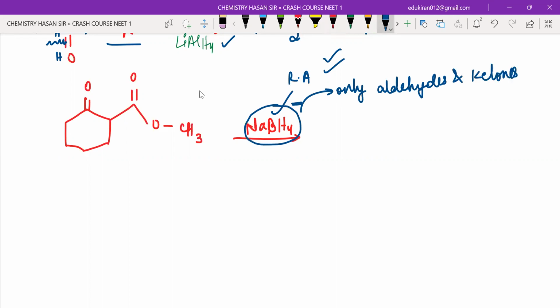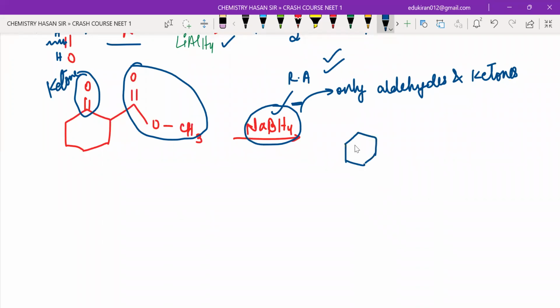And if you look carefully, this is your ketone and this is your ester, which will not react because it will not reduce ester. So this will be converted into alcohol, but the rest of the part will be as it is. Are you getting my point? Yes, sir. So it's very simple.